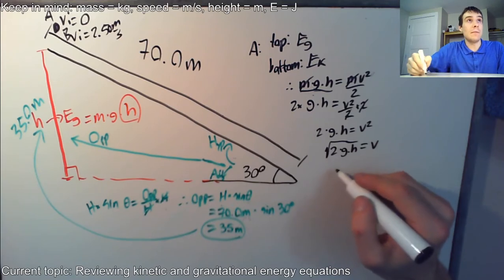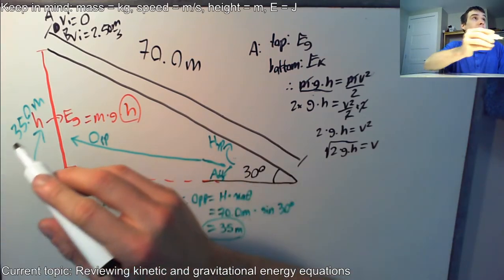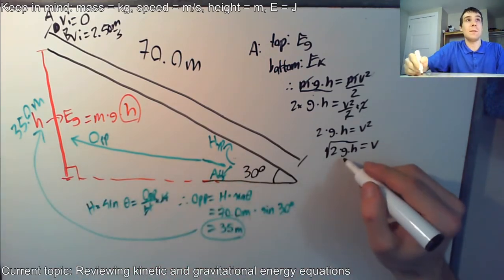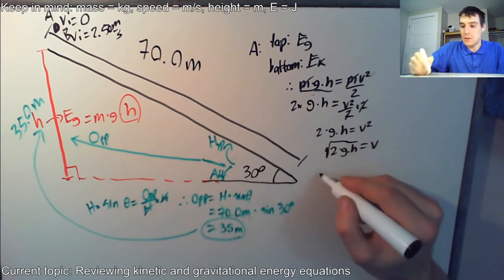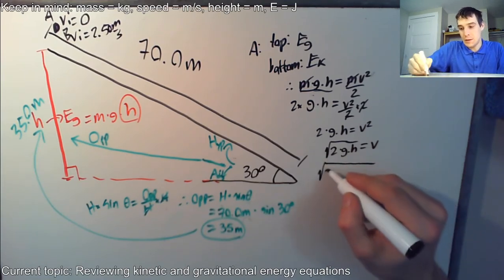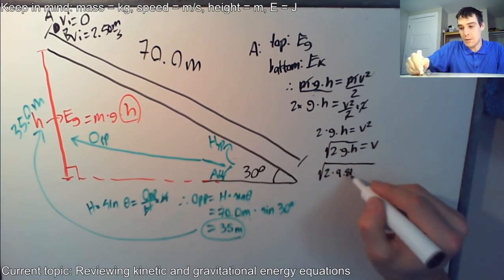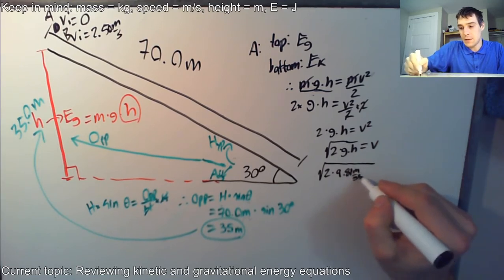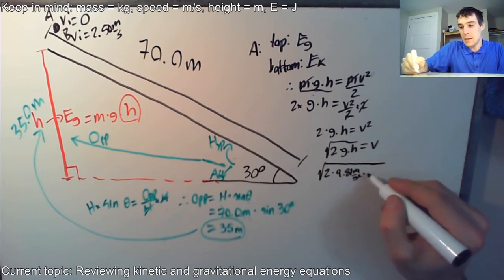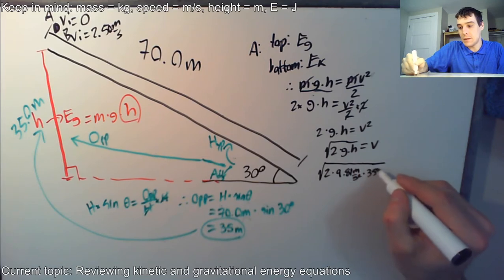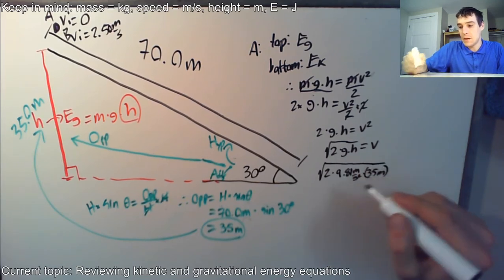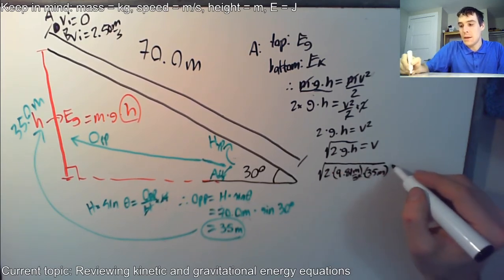We know H is 35 meters. We know G, because we always know G, and 2 is just 2. So let's actually do that. 2 times 9.81 meters per second squared times height, which we decided was 35 meters, equals V.